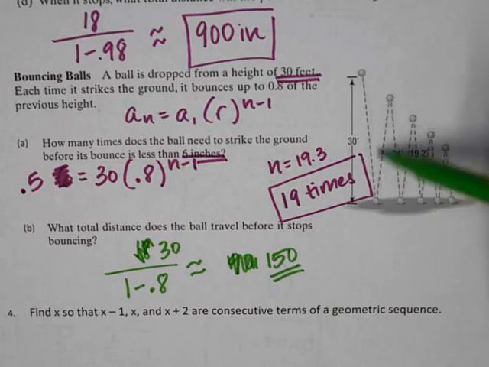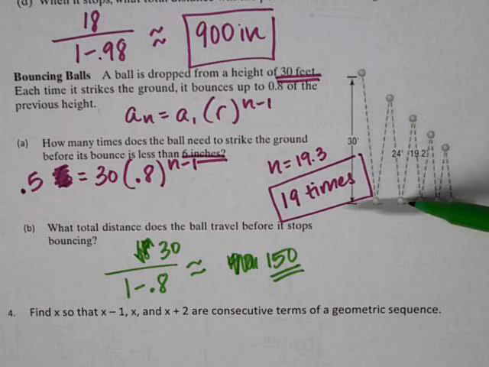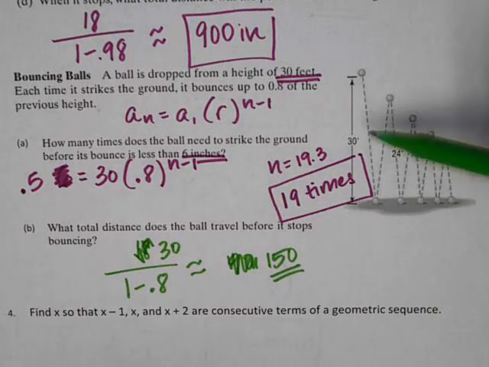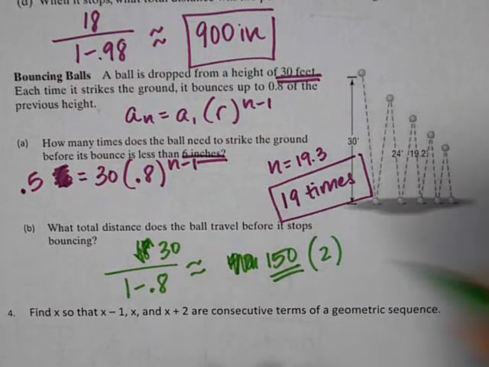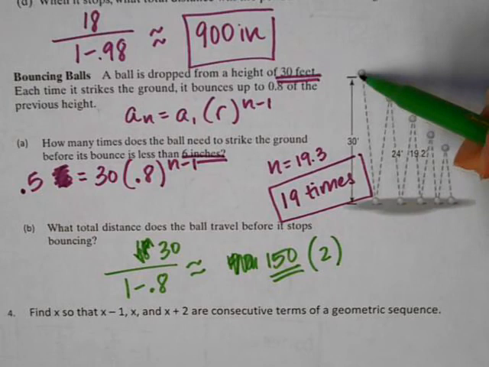Every time it bounces the same distance the other way. So this is only counting one direction. So we got to be careful. Okay. See how we have equal distances up and down, like 24 and 24, 19.2, 19.2. So because every bounce has an equal opposite direction bounce, we're going to have to multiply this by 2. But then there's one bounce that does not have a partner, and it's that initial drop.